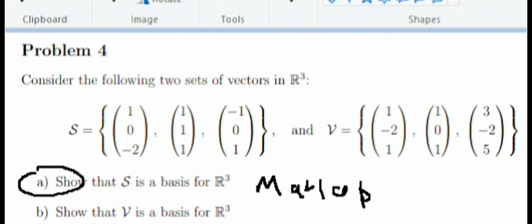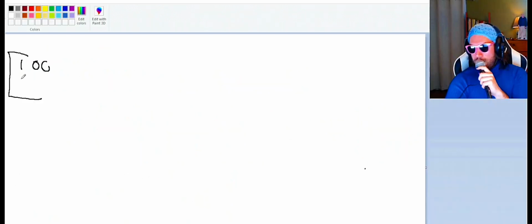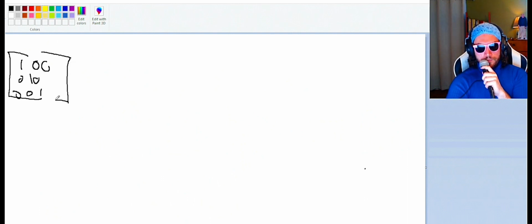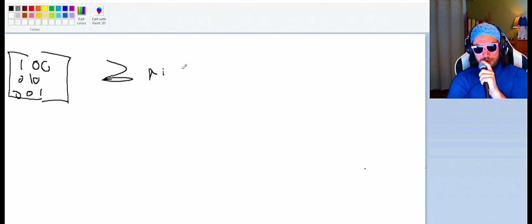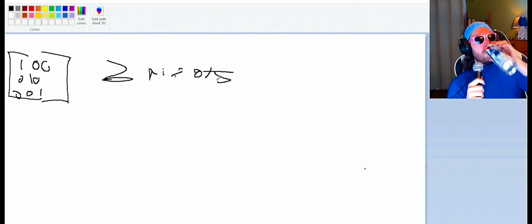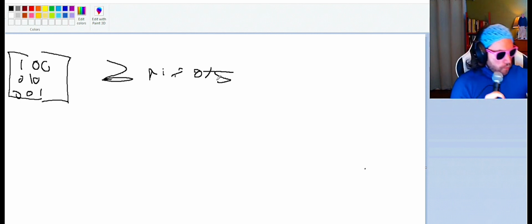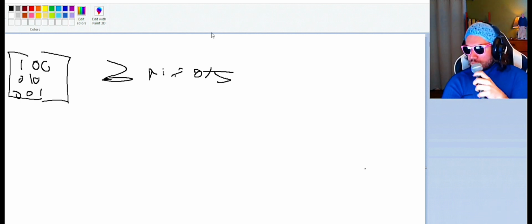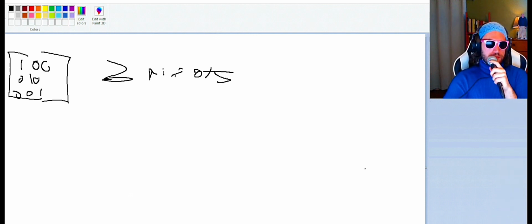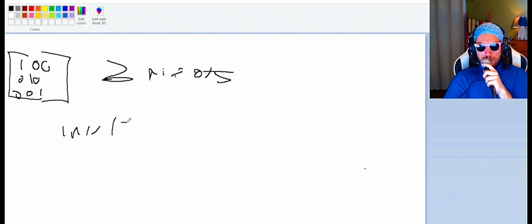1, 0, 0, 0, 1, 0, and 0, 0, 1. So it has 3 pivots. Using MATLAB, inverse S. Sorry. Jeez.